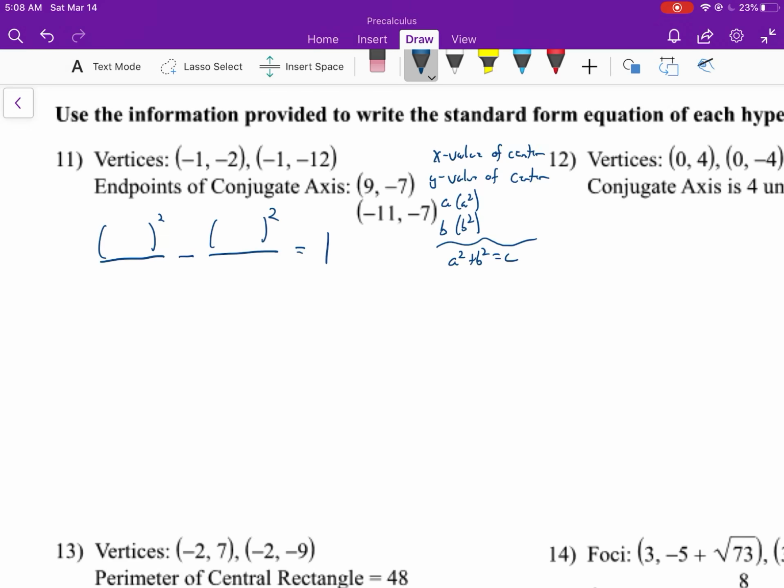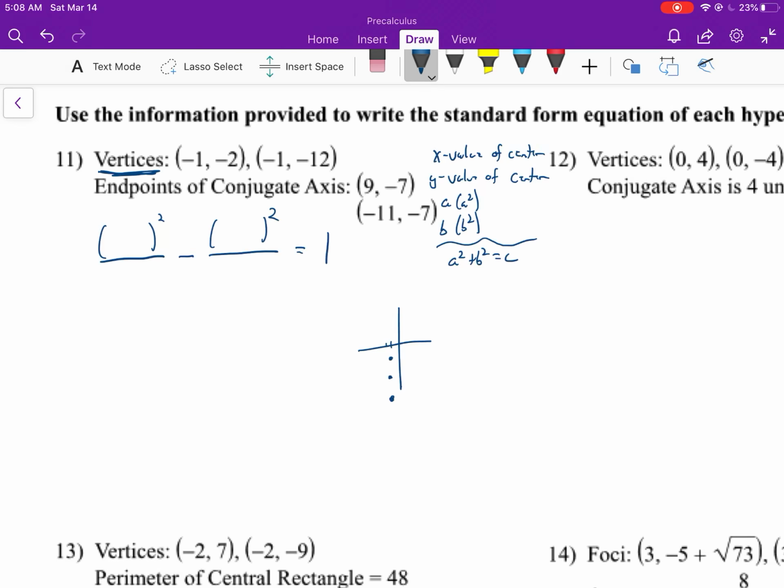We can graph this, or we can think through this, but I'll go ahead and sketch the graph just so I can point to stuff. (-1, -2) would be about here, and then (-1, -12) would be down here. So that's the vertices. That's going to help us find our center. Our center is going to be right here.